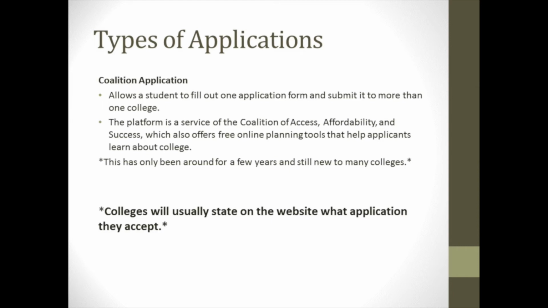The platform is the service of the Coalition for Access, Affordability, and Success, which offers free online planning tools for applicants. It looks a lot different than the Common App, but it's a very similar concept.